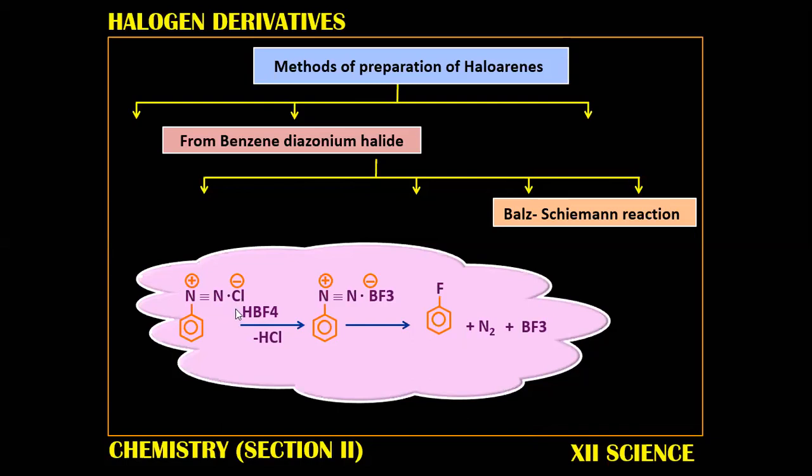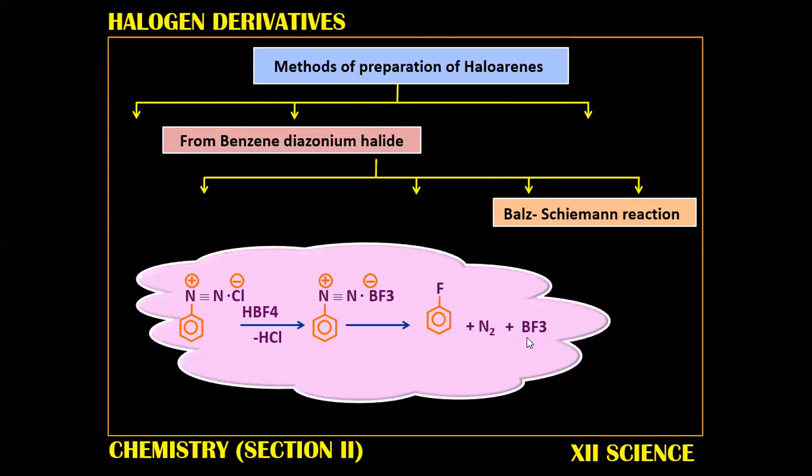Here H and Cl go away, HCl goes away, and even one HF molecule goes away. You have to write HCl minus HF also. And here we get this compound. This is called benzene diazonium fluoroborate. When you heat, put a triangle here. When you heat, we get fluorobenzene, nitrogen and boron trifluoride.